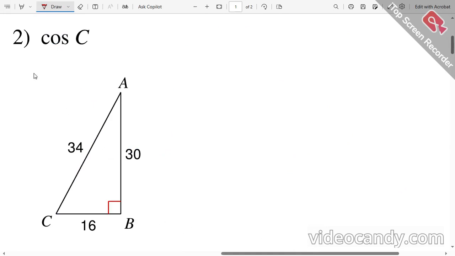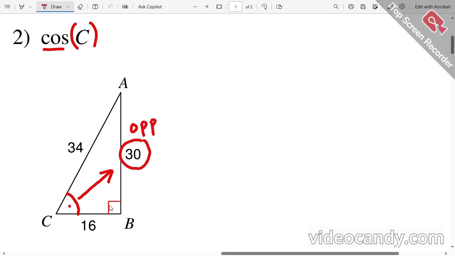Please pause and try number 2 in the same fashion. Remember to label the sides first, but in this case, you want to use the formula for cosine. So we're taking the cosine of the angle C. Go to angle C, go across from angle C to the side, angle to side, and that side is going to be your opposite.